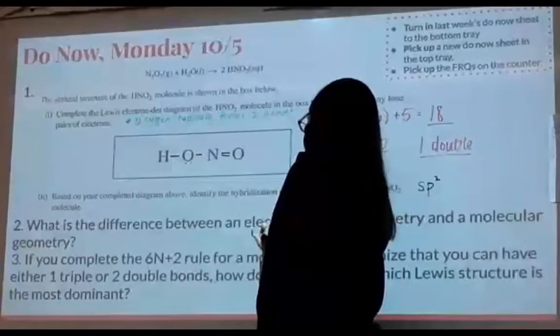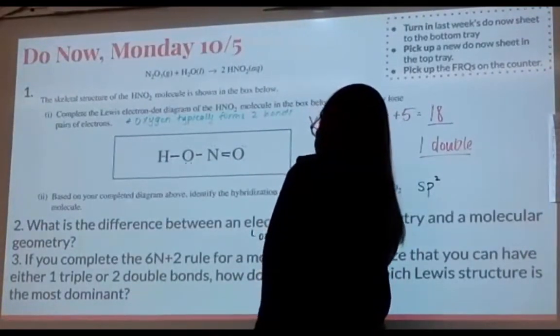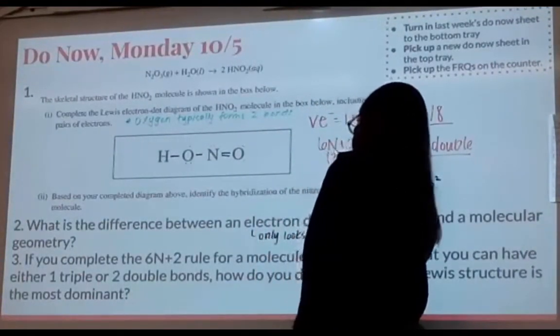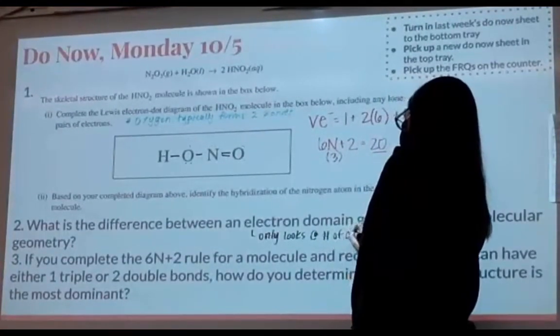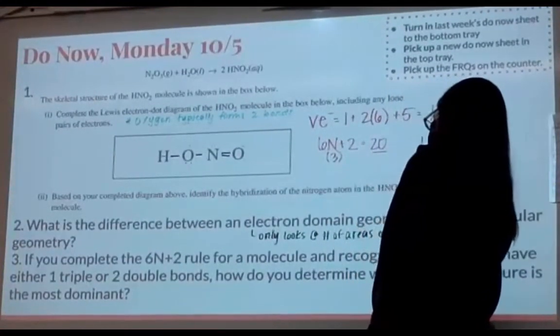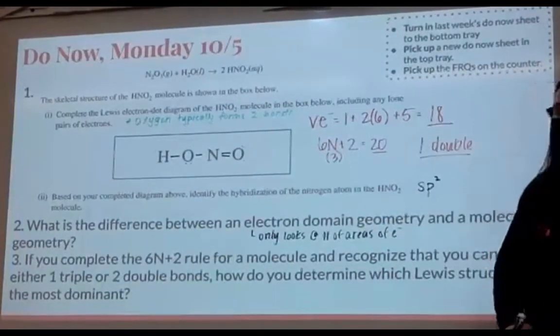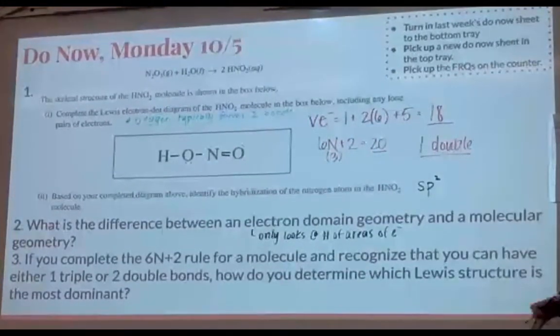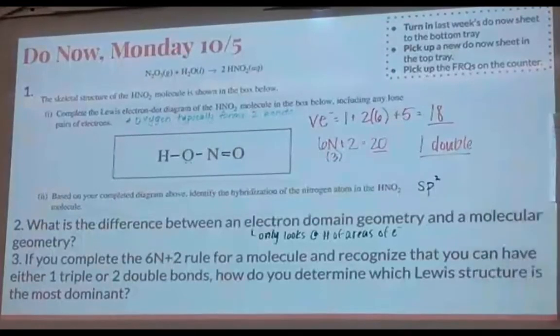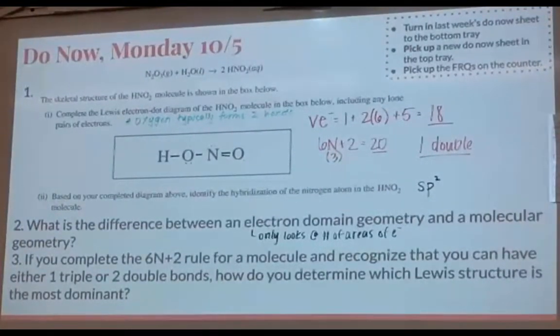Electron domain geometry only looks at the number of areas of electrons. It's one of the fundamental shapes, so it's only ever linear, trigonal planar, tetrahedral, trigonal bipyramidal, or octahedral. That's it.